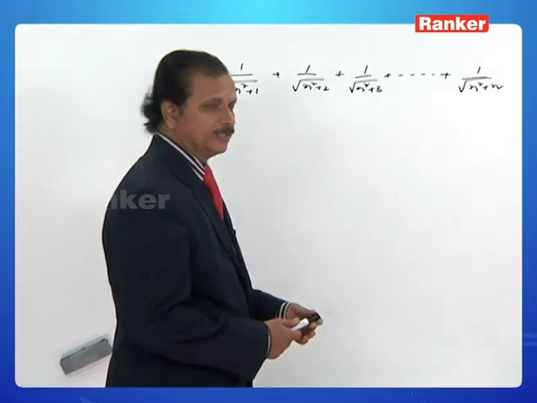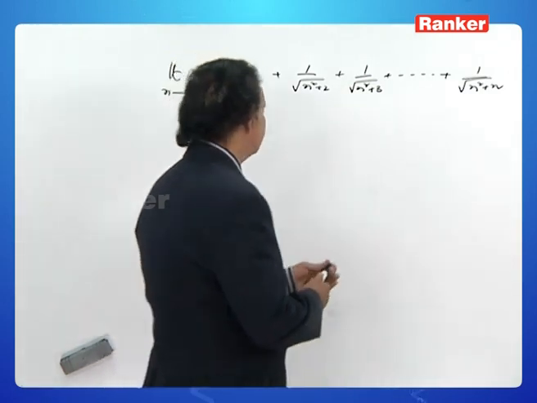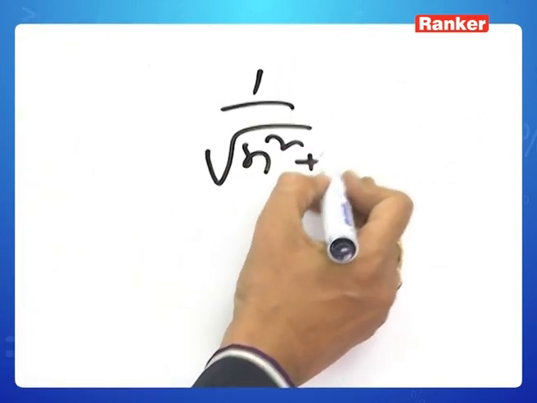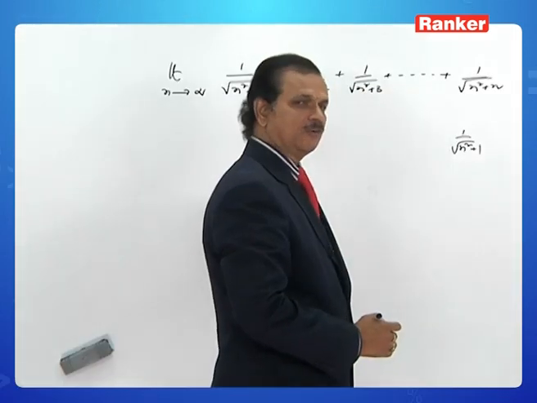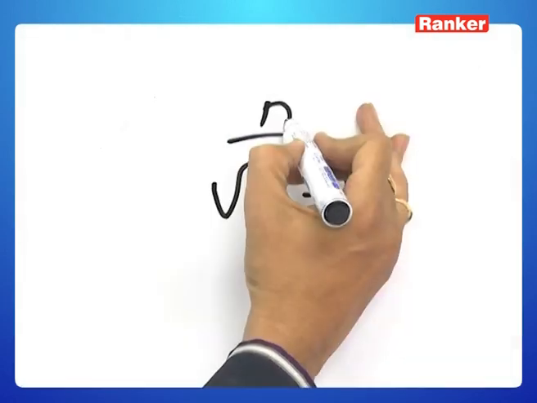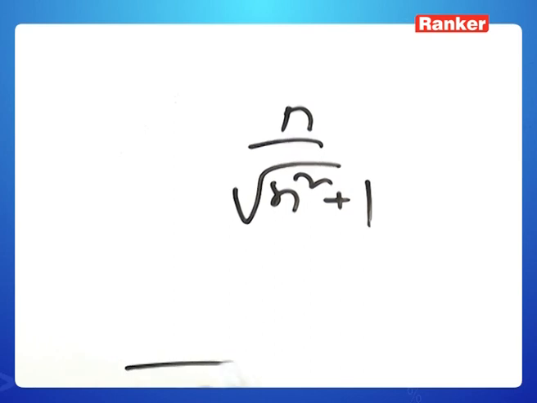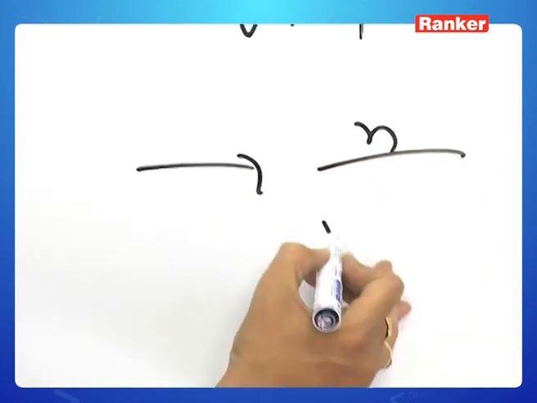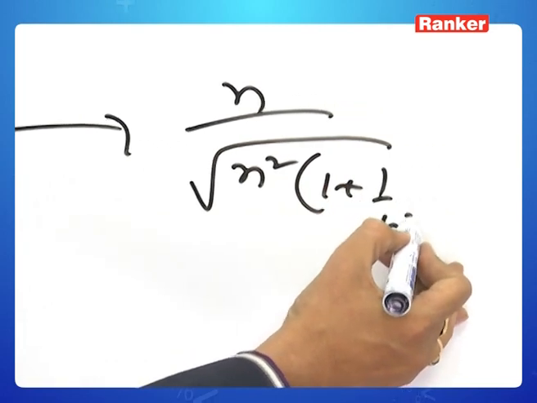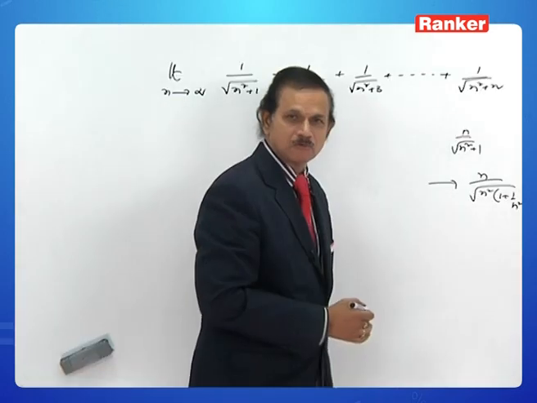Let me try. You gather the first term here, 1 by root n square plus 1. You join n in the numerator. It becomes n by root of n square into 1 plus 1 by n square, having brought n square out.